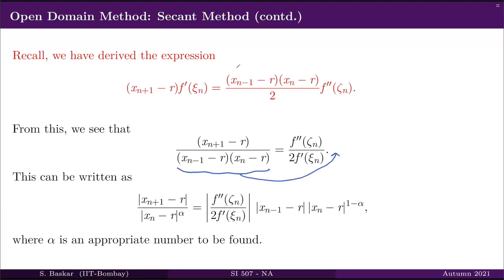Well, I could have kept this on the right hand side itself. So finally we get |x_{n+1} - r| divided by |x_n - r|^alpha is equal to |f''(zeta_n)| by 2|f'(zeta_n)| into |x_{n-1} - r| into |x_n - r|^(1 - alpha), because we have divided the right hand side also by |x_n - r|^alpha.